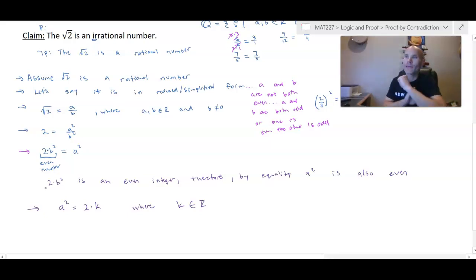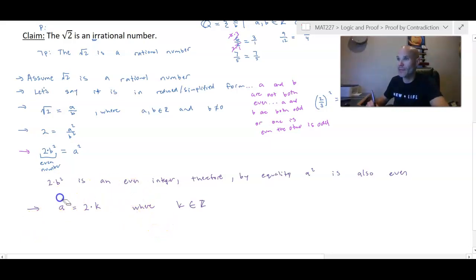But let's take that one step further. The only number that I can multiply by itself and get another even number is an even number times another even number. So this also implies that a itself is even.